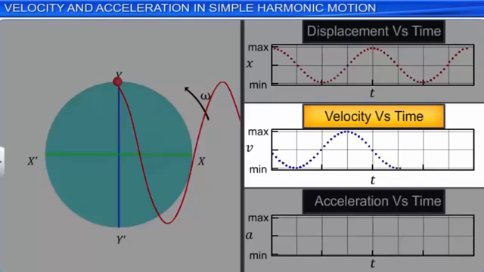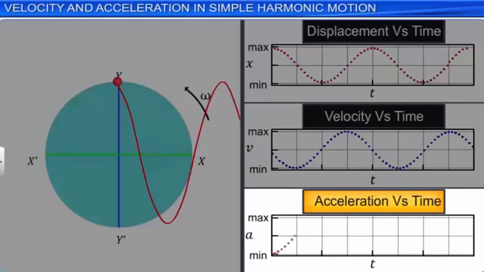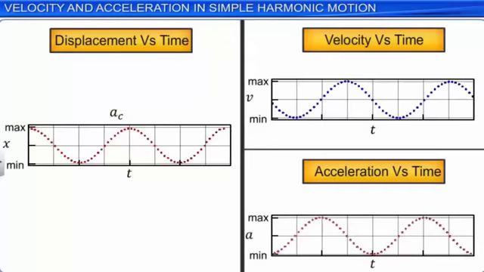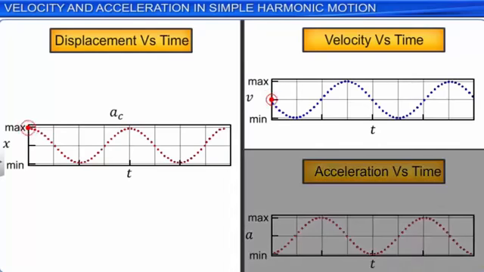The third graph is for acceleration versus time for the particle in simple harmonic motion. From the graphs, we see that the phase difference between displacement and velocity is pi by 2 radian. The phase difference between displacement and acceleration is pi radian.